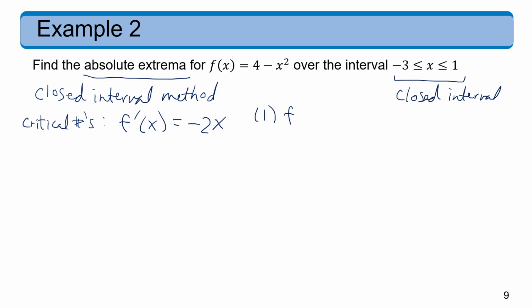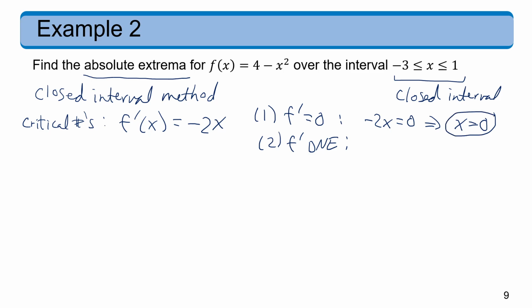One is f prime equals 0, the other is f prime undefined. So f prime equals 0, you would just take your f prime formula, set it equal to 0, and solve for x. We get x equals 0, so there's one of our critical numbers. And for f prime being undefined, notice f prime is just a linear function that's defined everywhere, so we're not going to get anything from that. So we only have the one critical number.